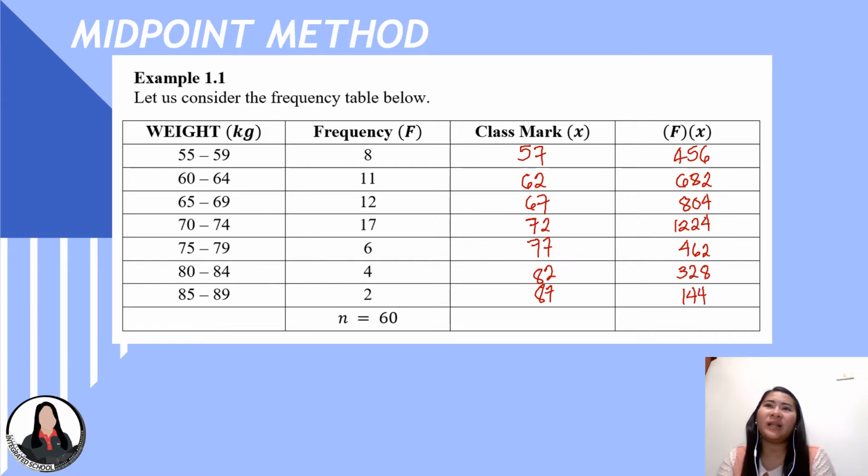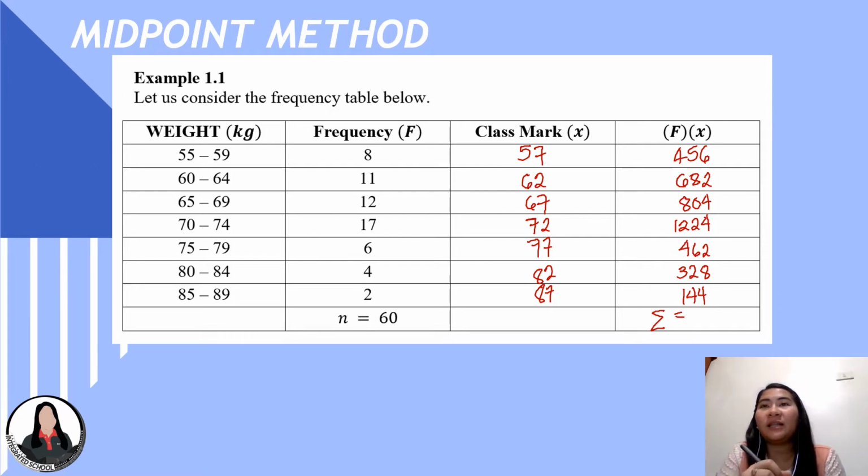Okay, so bakit ba natin kailangan ipag-multiply ang frequency and class mark? Kasi kagaya nga ng formula natin for mean using the midpoint method, kailangan natin kuhanin ang summation. Okay, so ito yung summation symbol, pinaka-summation ng product ng frequency and class mark.